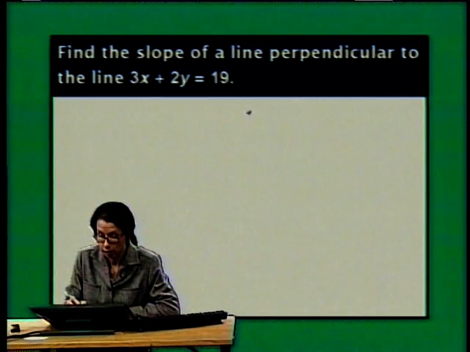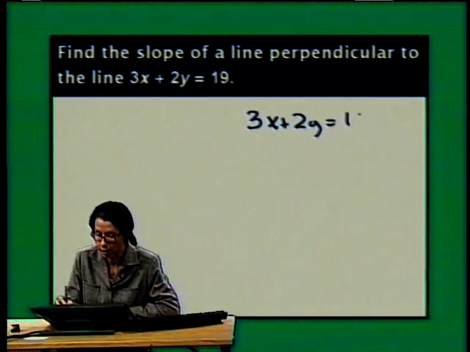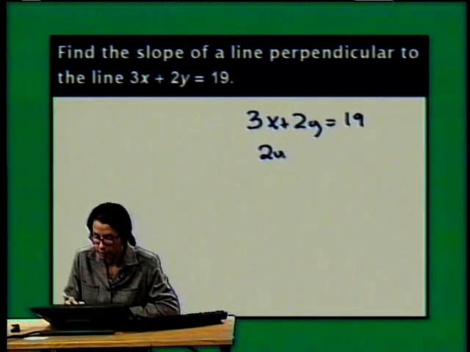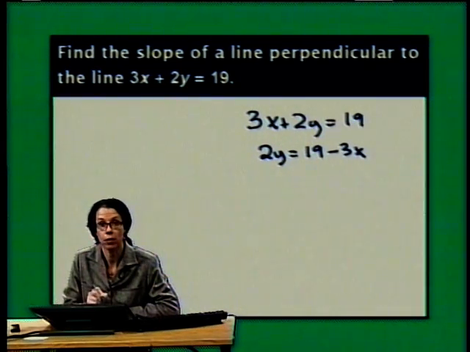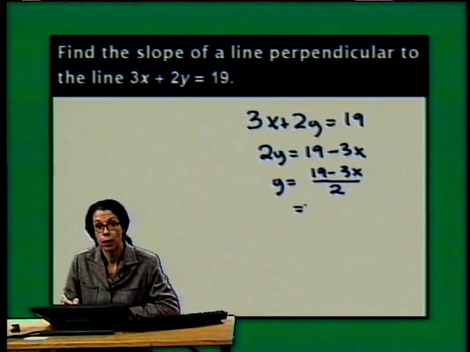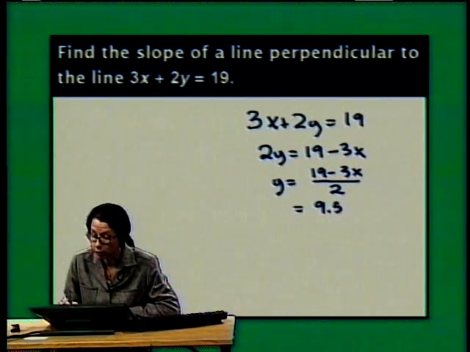So my equation is 3x plus 2y equals 19. I'm going to isolate y. So I'm going to start by subtracting 3x from both sides. Now I can divide both sides of the equation by 2. And 19 divided by 2, that's 19 halves, or 9.5.